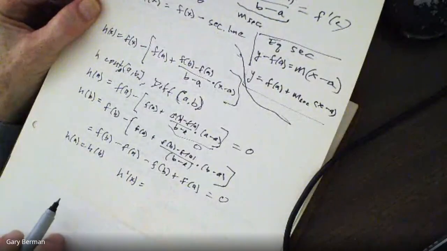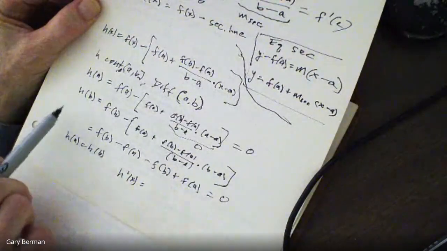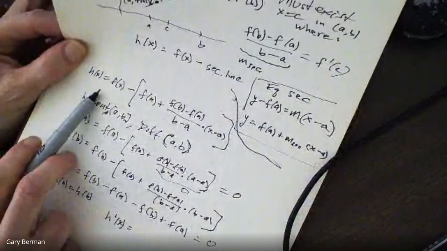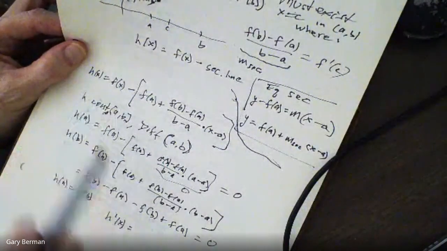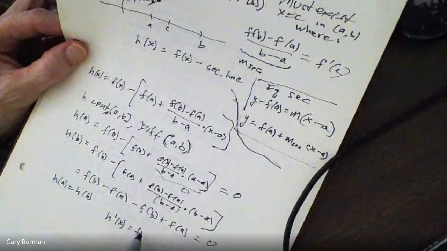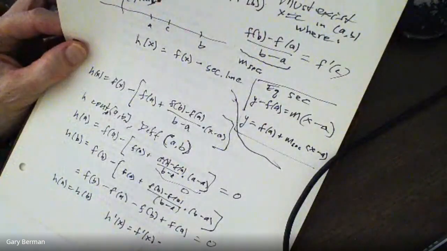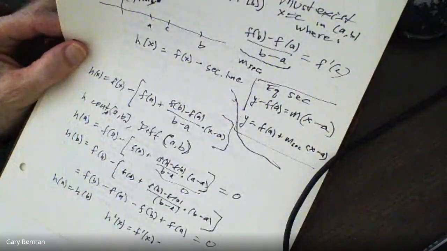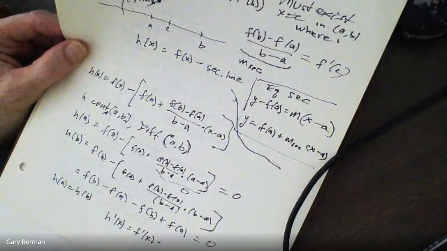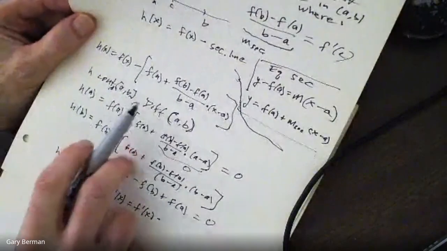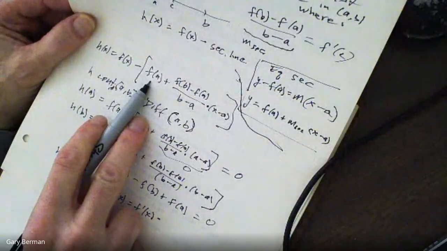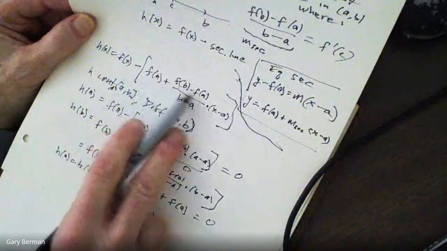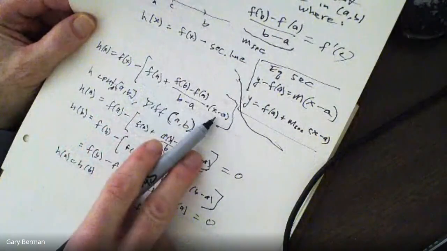Well, the derivative of h, we have to look back at what h is. The derivative of the first term is f prime at x, minus the derivative of f of a, which is a number. The derivative of a number is 0. This is a number times (x minus a).